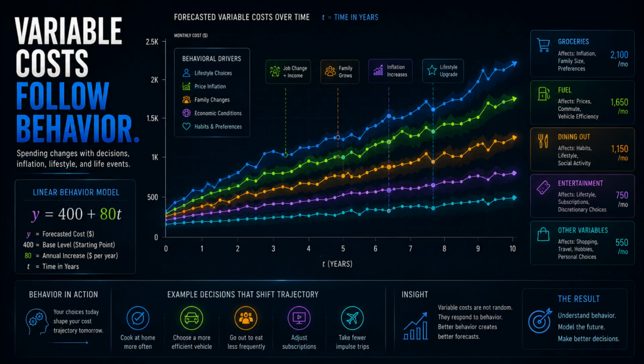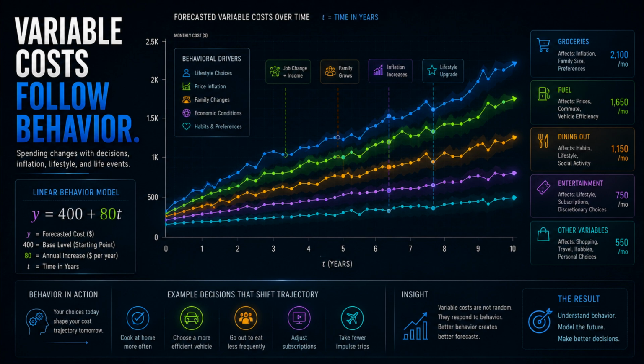A variable cost forecast might look like this: y equals 400 plus 80t. Here, 400 is the starting level of spending. 80t means spending rises by $80 per year, and t represents time in years.